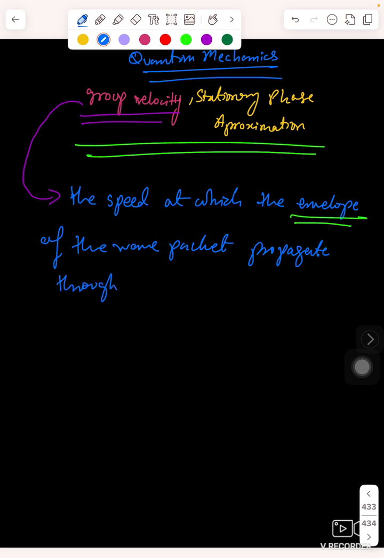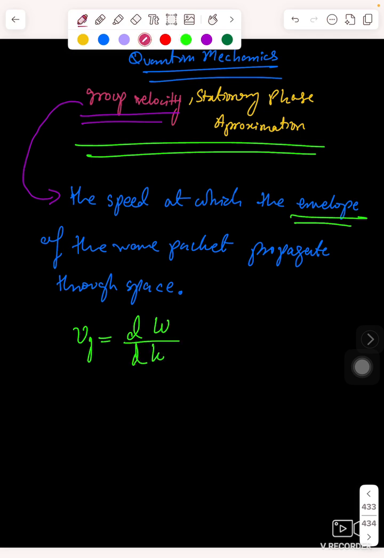In terms of equation, we can write the group velocity as v_g equals dω over dk.